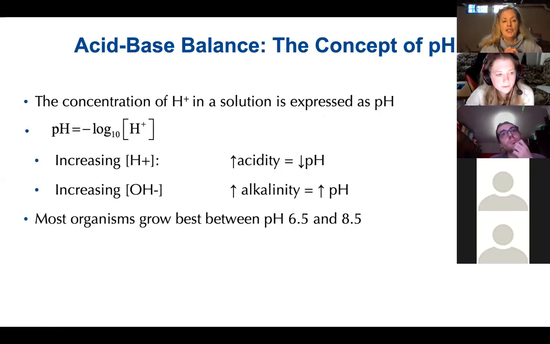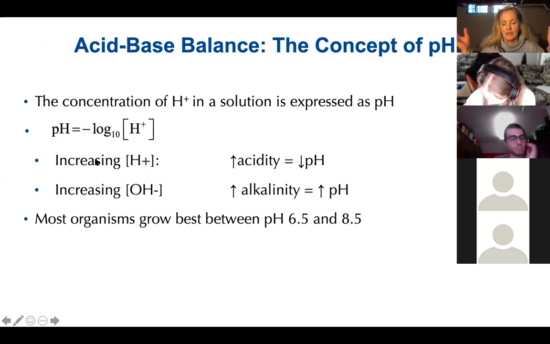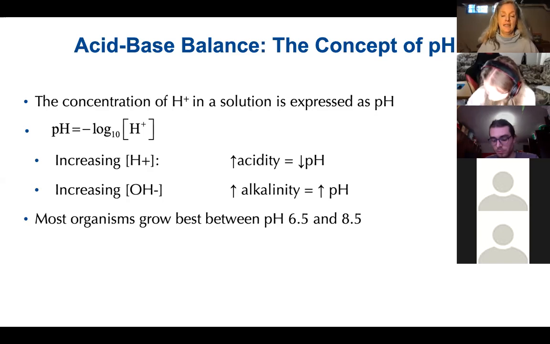What is our pH? The P just means the negative log base 10. This is math, and so it always makes a certain number of you want to have your head spin. But what you need to think of is that as the H plus concentration increases, you're making it more and more acidic.